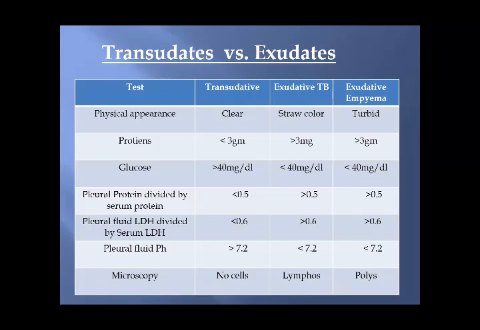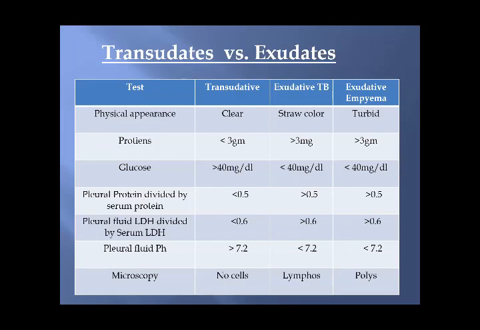The protein is usually less than 3 grams per deciliter in transudative, and more than 3 grams per deciliter in exudative tuberculosis and in exudative empyema. Glucose is more than 40 milligram per deciliter in transudative, whereas in exudative TB or empyema it is less than 40 milligram per deciliter.